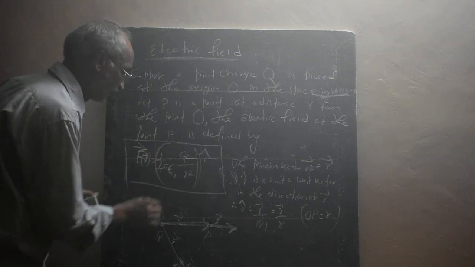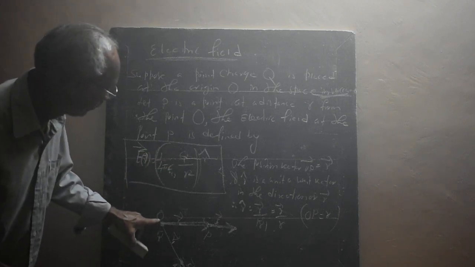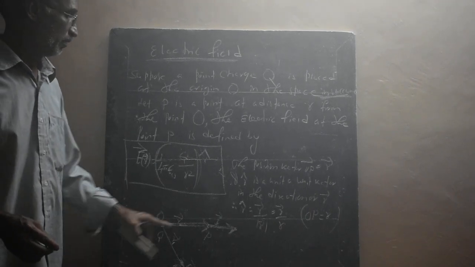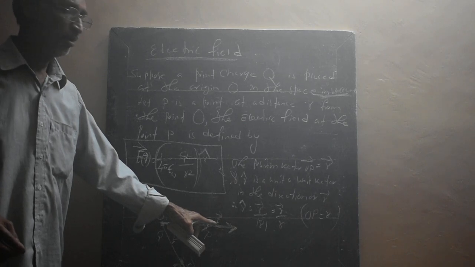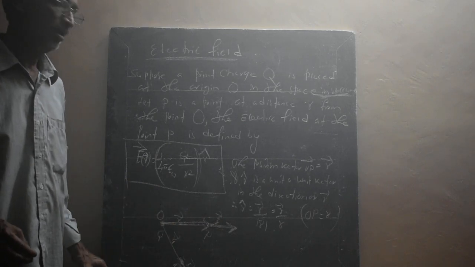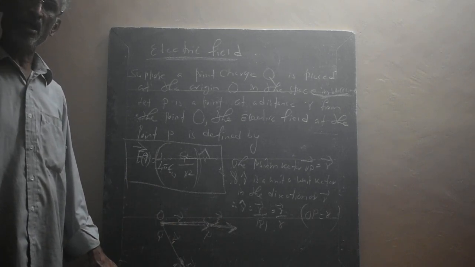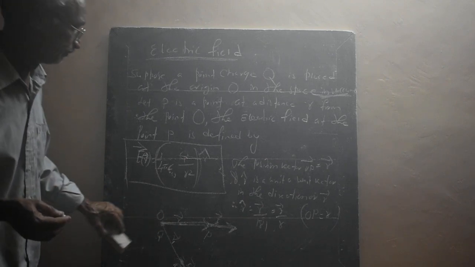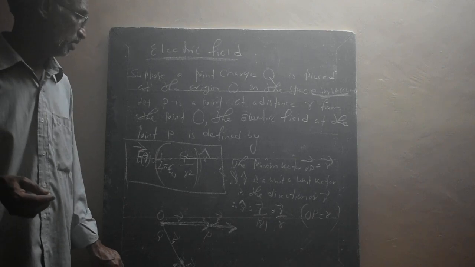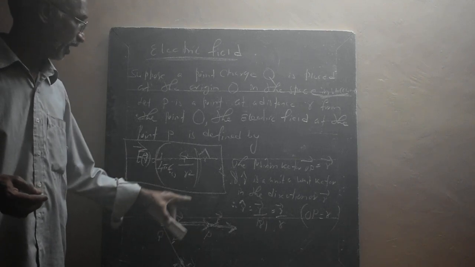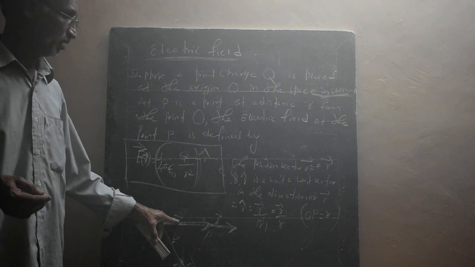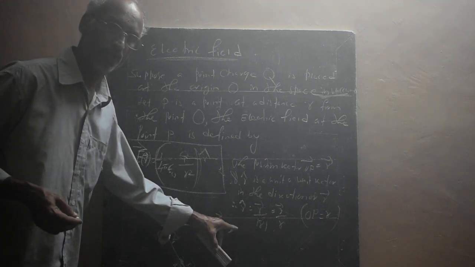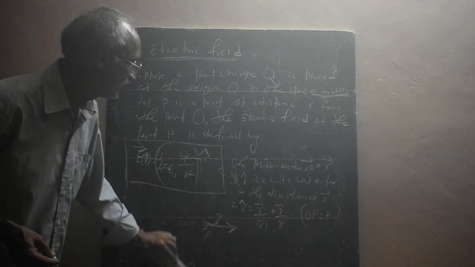Mind that the field E bar is radially outwards if the charge is positive. What is the direction of E bar? It is in the direction of R cap, and R cap is in the direction of R bar. Therefore, the field is radially outwards.